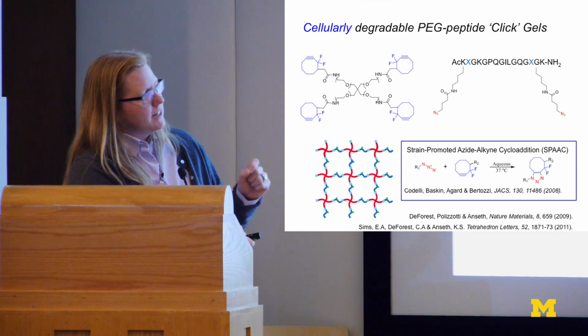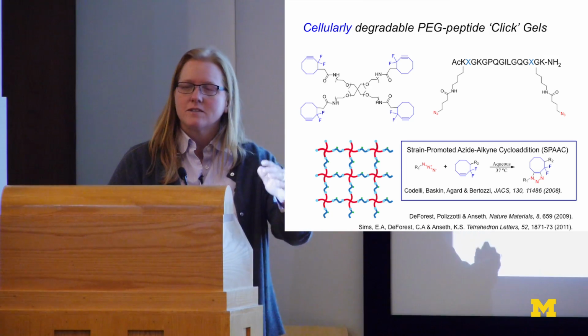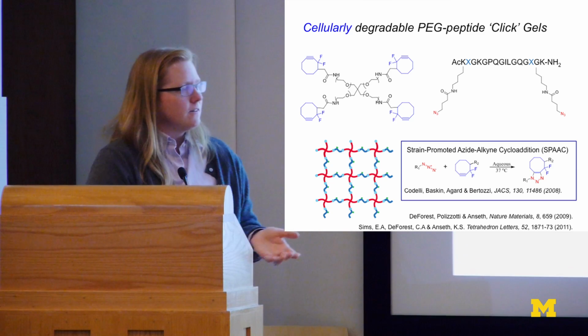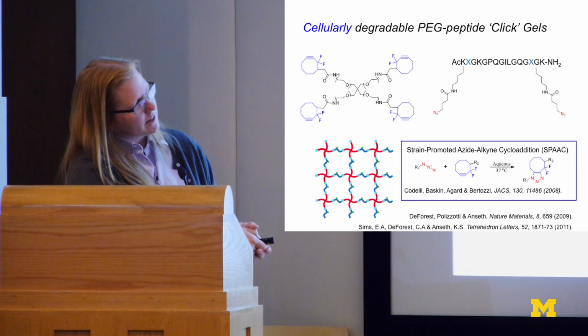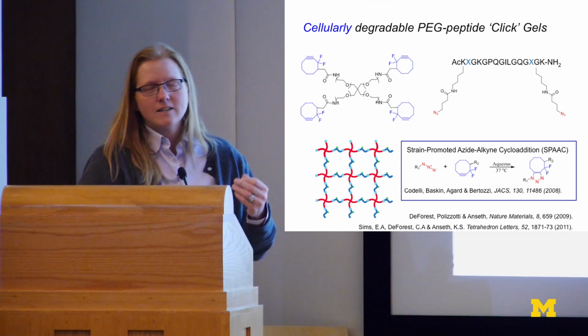And the big advantage here was that this click chemistry of alkynes and azide was copper catalyzed. And copper is very toxic to cells. So Carolyn's work showed that this cyclooctane that was difluorinated could react under aqueous conditions at 37 degrees C without the copper catalyst.